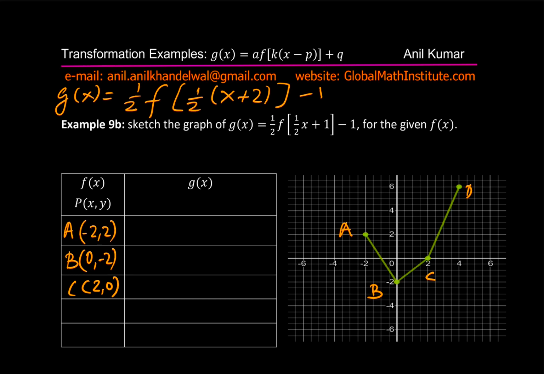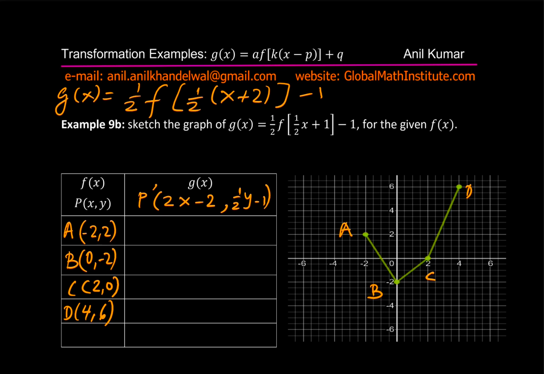For D, it is 4, 6. The transformation here is that for each image point, x values get multiplied by 2 and translated 2 units left. For the y, we have to do half the y value and then take away 1. That is the transformation. So let's do the calculation.